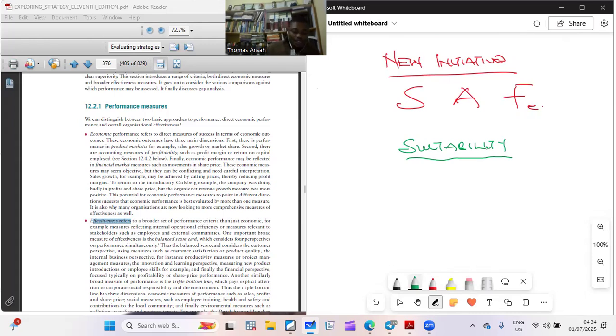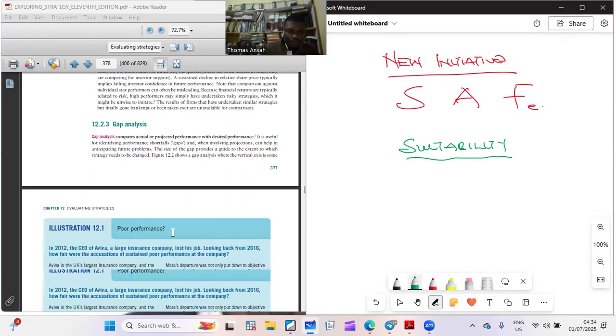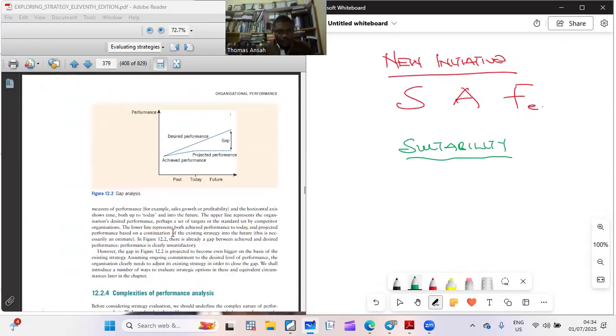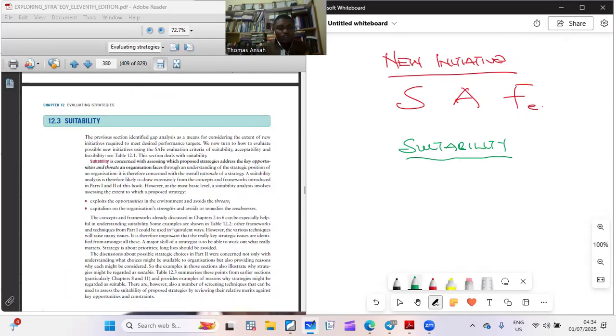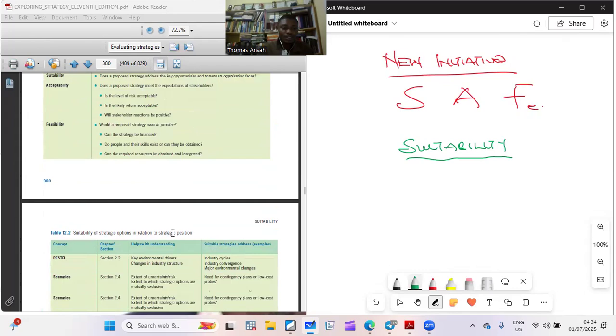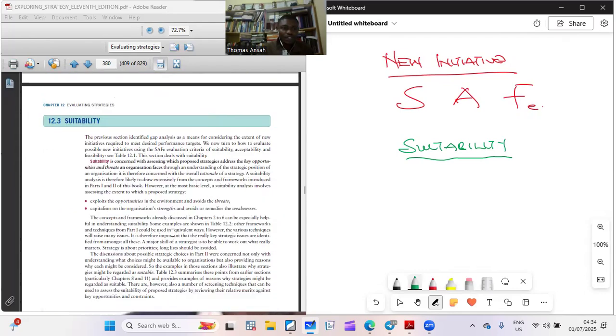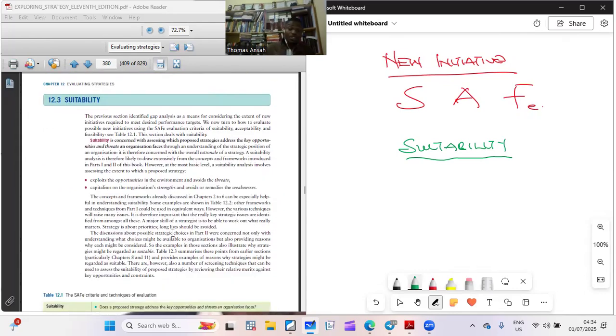So that is that. The basic idea is that whatever you want to do, you do the gap analysis and you know what to do. So now we measure suitability. The new project that you want to do, or the new strategy that you want to adopt, how does that become suitable in terms of how it addresses opportunity?